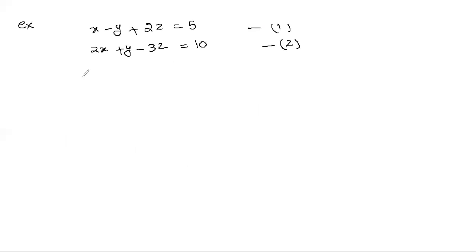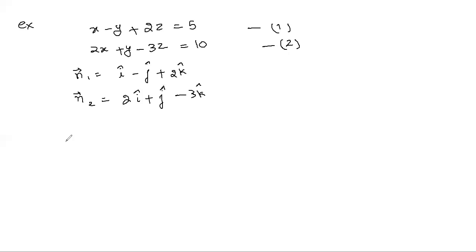Now the normal vector to the first plane is i minus j plus 2k, which are the respective coefficients of x, y, and z in equation 1. Similarly, the normal vector to plane 2 is 2i plus j minus 3k.